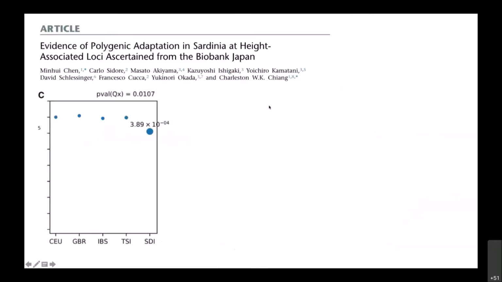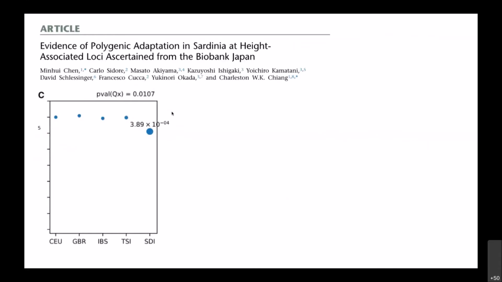Okay, so that brings us to where we were about 2 years ago or so. Then there's this paper published by Charleston Chang and Minhui Chen, I think in 2020, where they wanted to go back and look at some of these signals of polygenic adaptation for height in Europe.